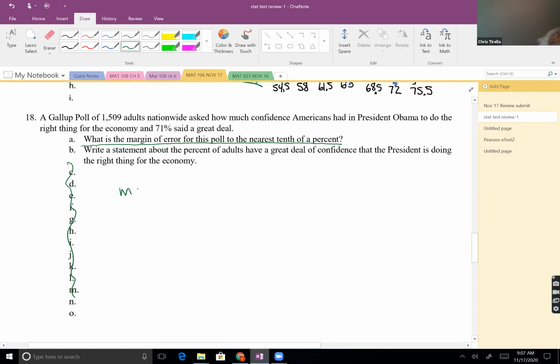Does everybody remember that your margin of error is 1 over the square root of the sample size times 100%. And so here, what is my sample size? How many people did we talk to? 1,509.